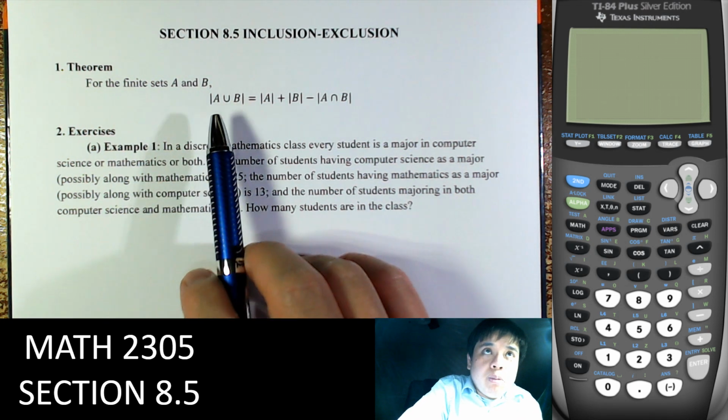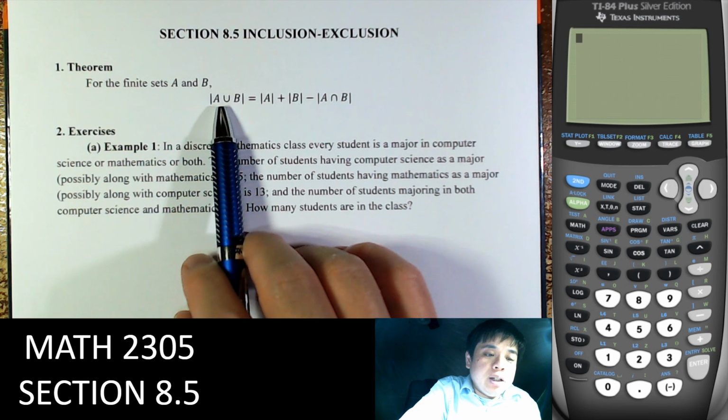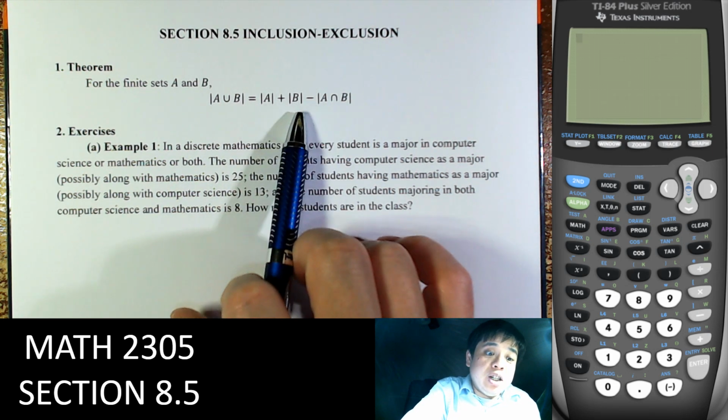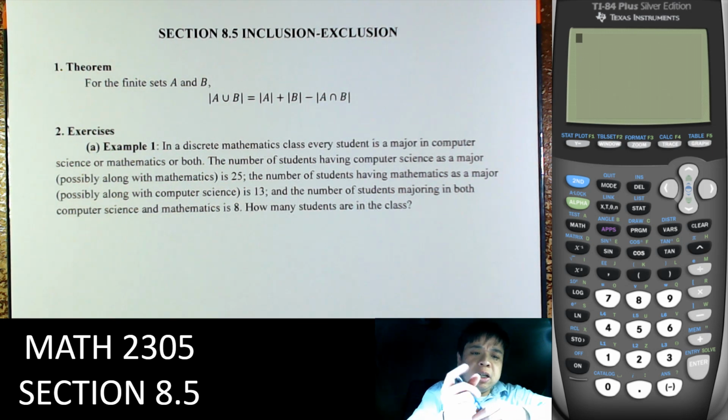So, the number in the union is equal to the number in each individual set minus the overlapping. That is very simple.